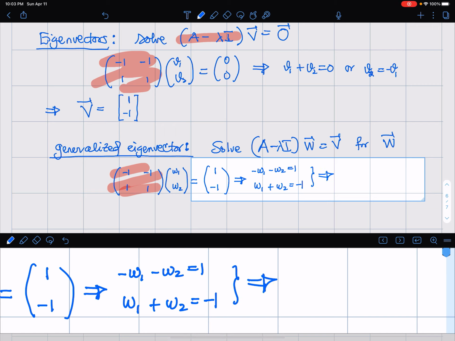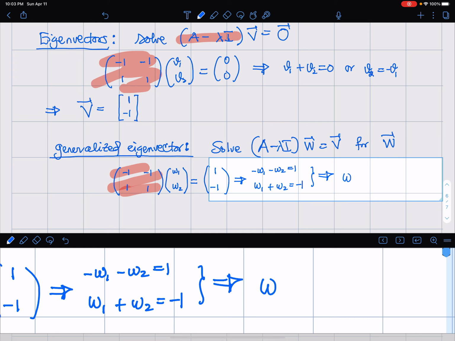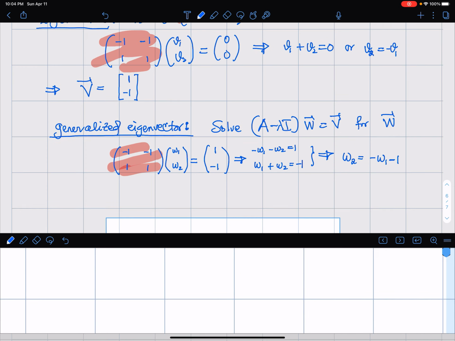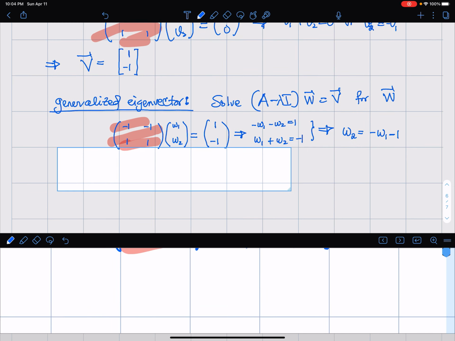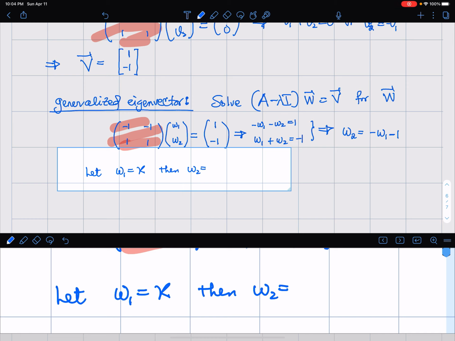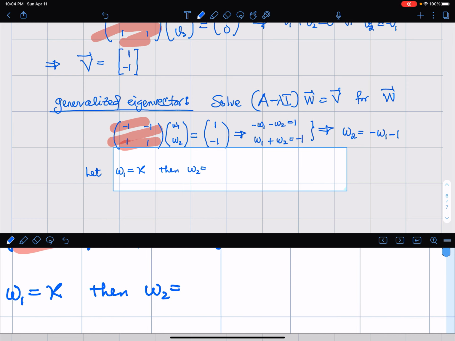This tells us that W2 is equal to negative W1 minus 1, right? So if we let W1 be equal to K, then W2 will be equal to negative 1 minus K.